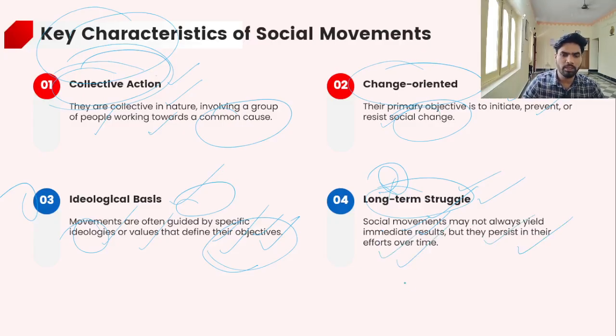The best example is the NBA, Narmada Bachao Andolan. The movement was there for more than 20 years. Similarly, any famous movement is long-term oriented, maybe the Dalit movement, maybe the feminist movement. Any movement you take, it is long-term oriented.